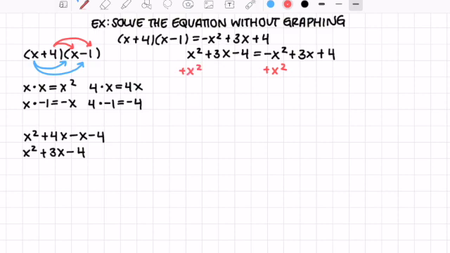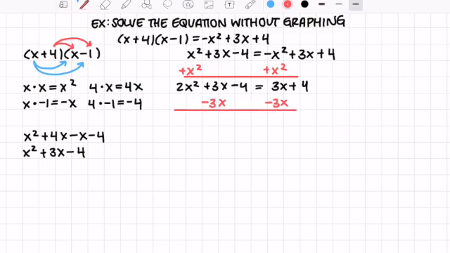When I move it, I get 2x to the power 2, drop everything else down, 3x minus 4, equaling 3x plus 4. Then I'll move the 3x to the other side. When I do, I'm left with 2x to the power 2. This turns into 0, so I drop down the negative 4. This becomes 0 as well, so I get just positive 4.